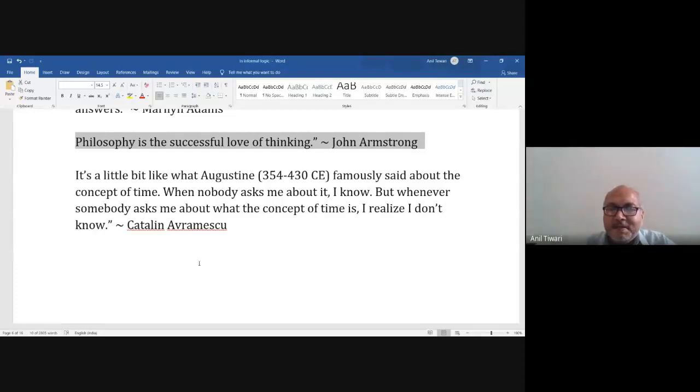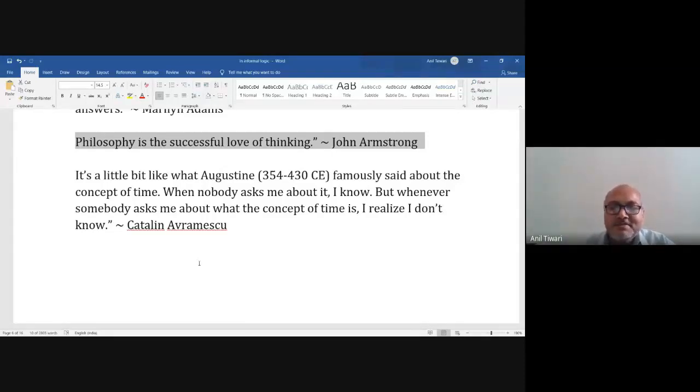So here what is highlighted is the not so clear or unambiguous understanding of philosophy, and it is also pointing out a kind of perspectival approach to the very understanding of philosophy.